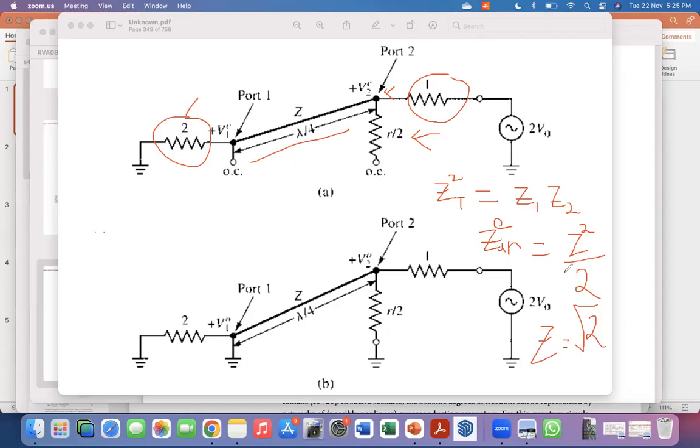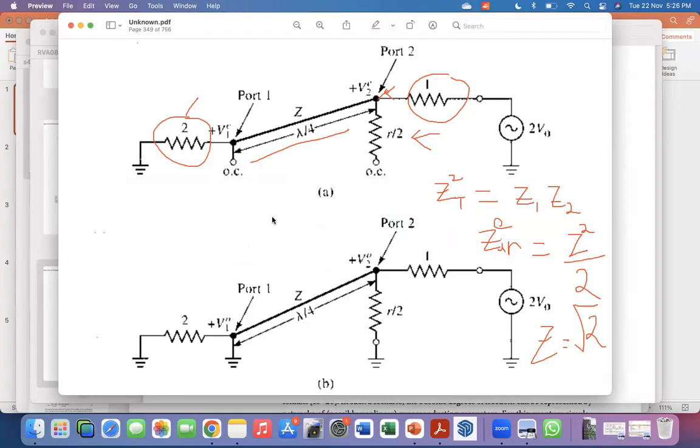And if that's the case, Z in, we already see is 1, which means the voltage at this point is going to be just half of the voltage here, right? Because it's 1 to ground. Okay.